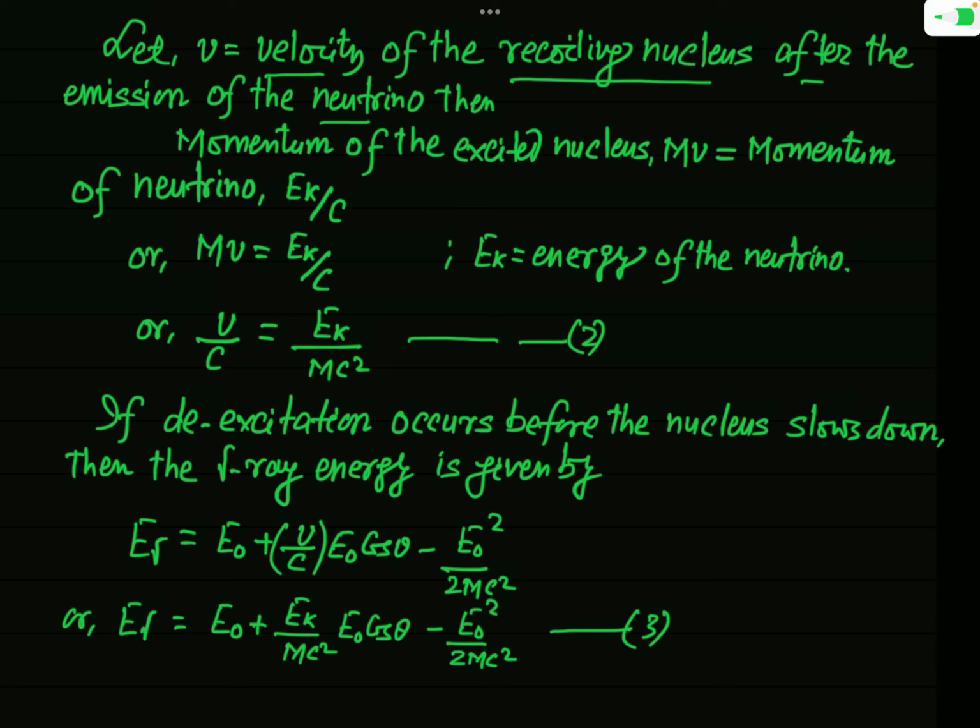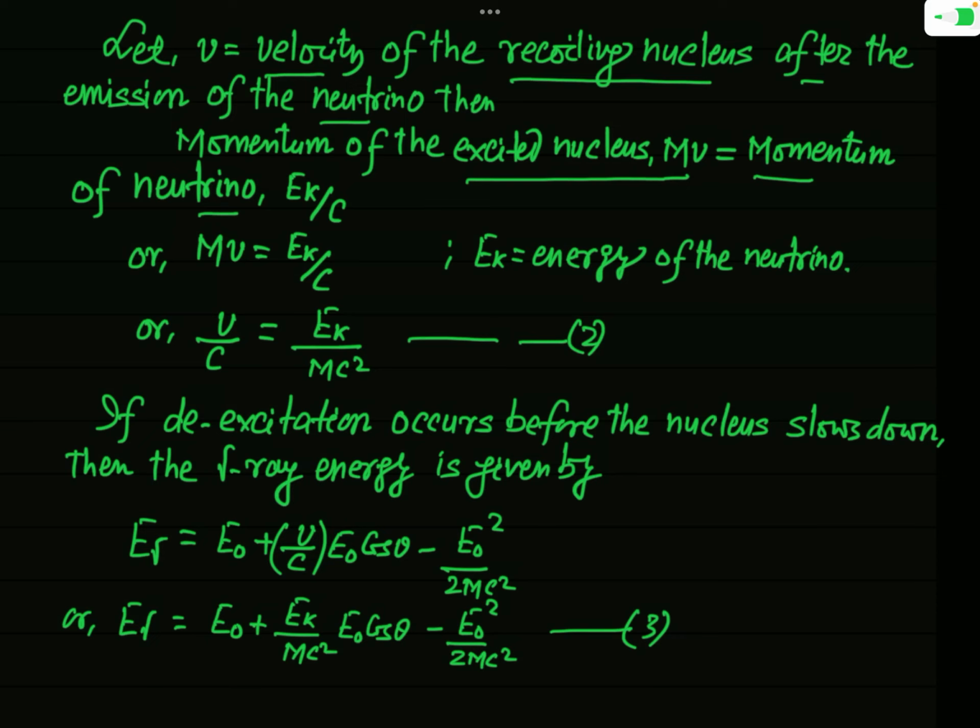And so from the conservation of linear momentum, the momentum of the excited nucleus, which is mv, must be equal to momentum of the neutrino, which will be Ek by c. Neutrino is a massless particle, so its momentum is energy divided by c.